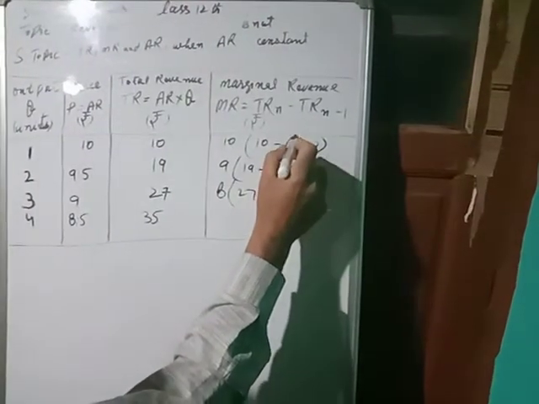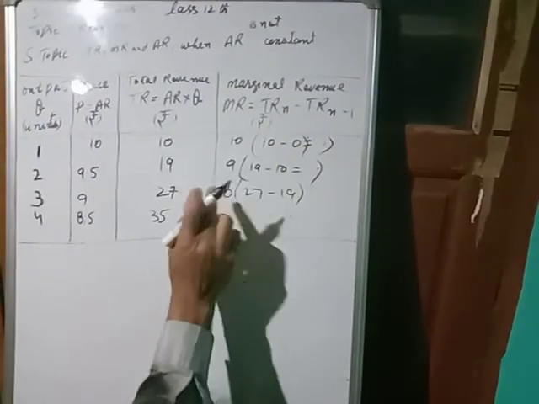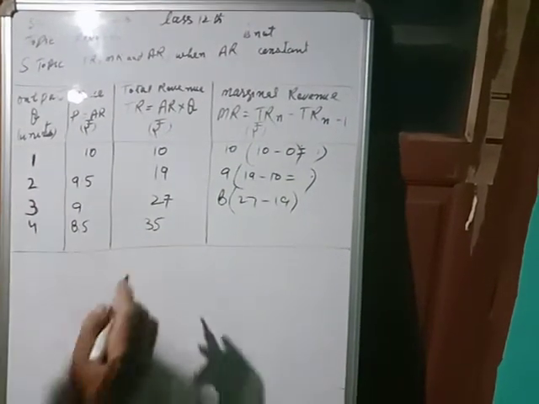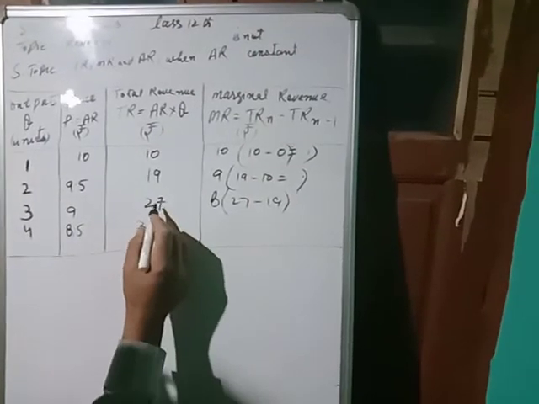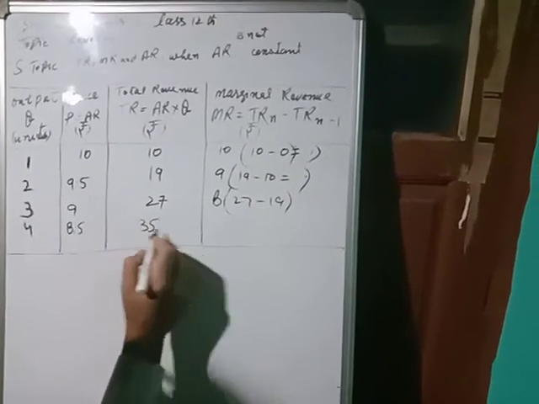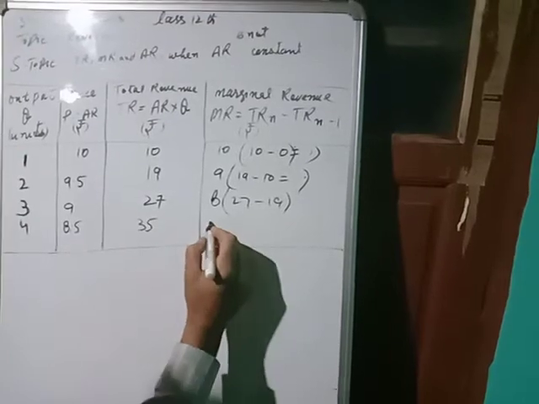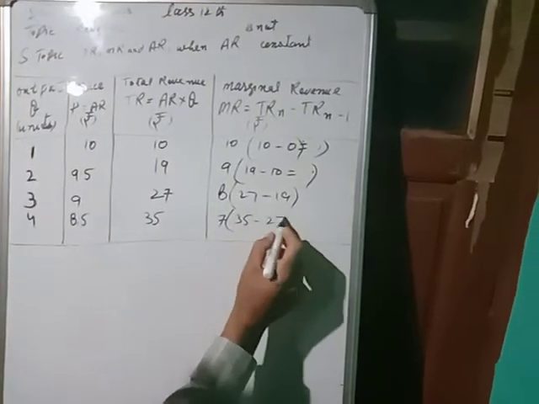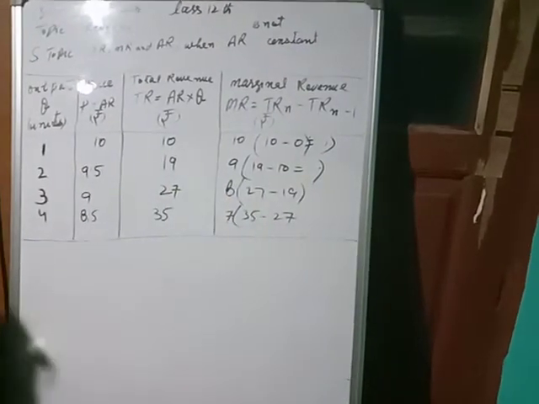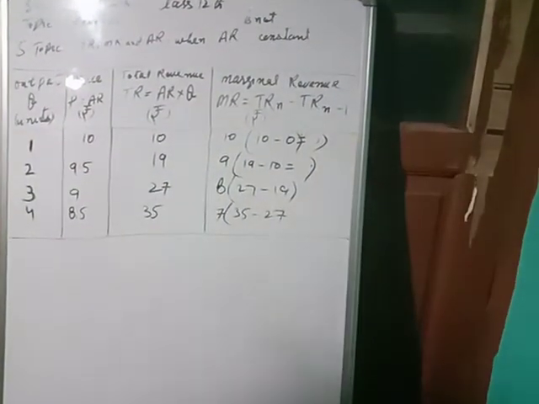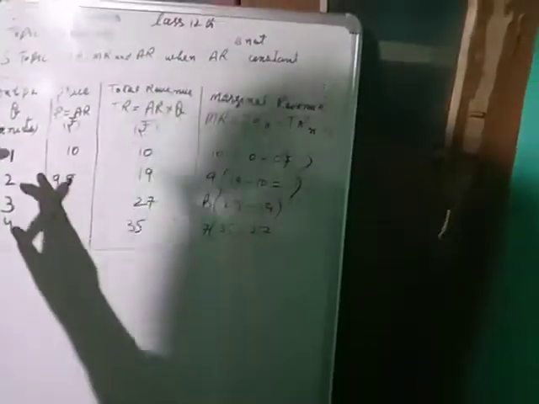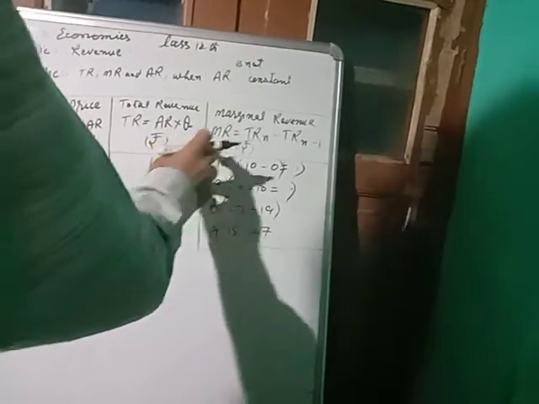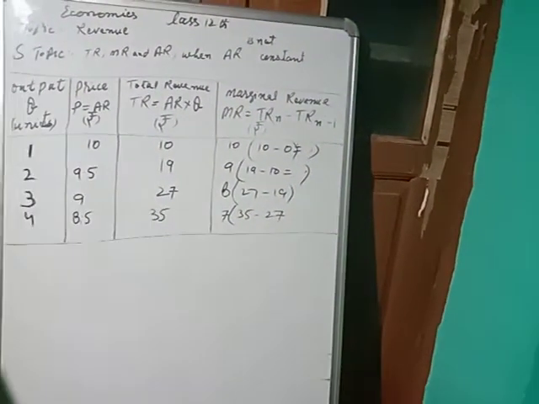I have written it here. This is 10, this is 9, and this is 8. When the fourth unit was produced, we subtract 27 from 35, it is 7. This is marginal revenue. These are units, price, total revenue, and marginal revenues.